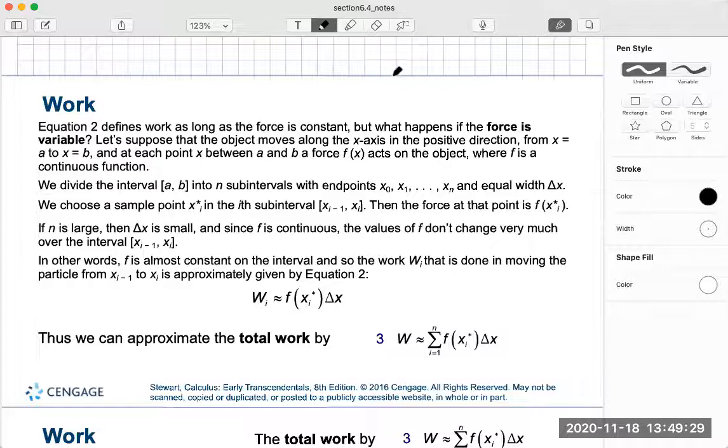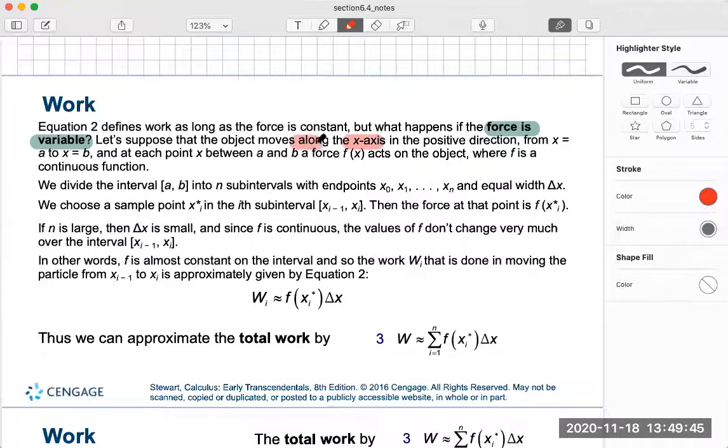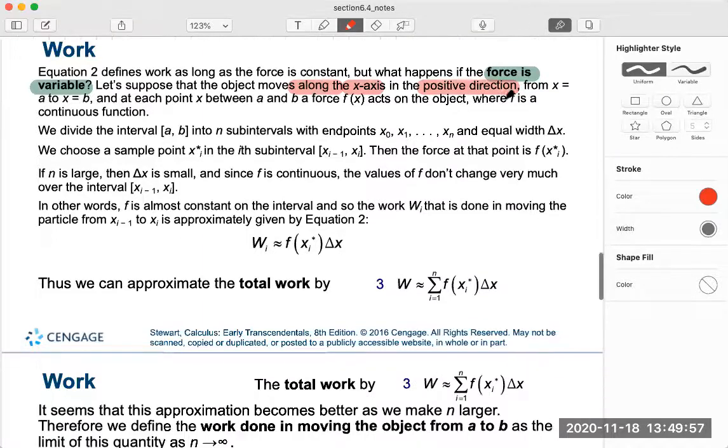Here the force is now a variable, and the object moves along the x-axis in the positive direction, from x equals a to b.